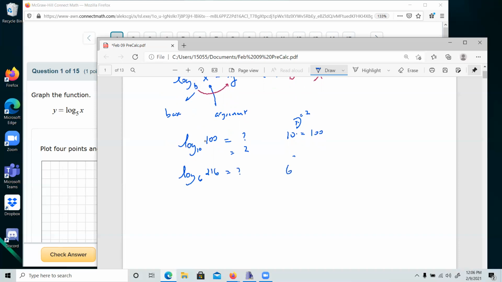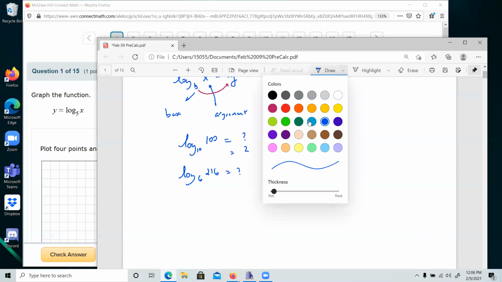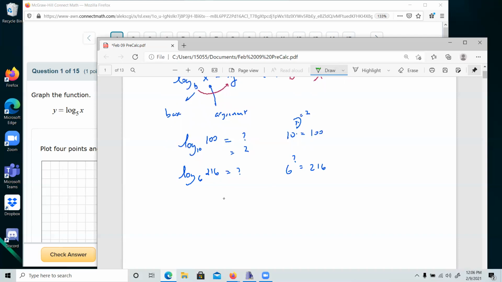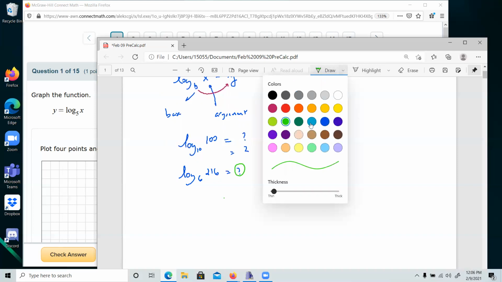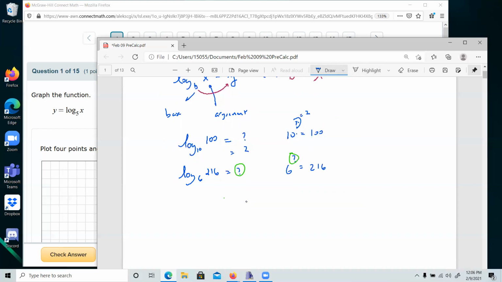So 6 raised to what power is equal to 216? I'm going to go out on a limb: any decent Dungeons and Dragons player will know that 6 cubed is equal to 216. So this should be a 3.